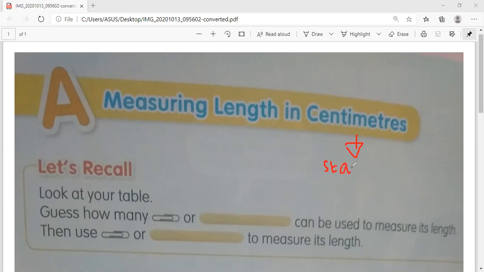Okay, this is what we call standard units. Kalau ini kita call non-standard units. Okay. So now you know the differences between non-standard units and standard units.